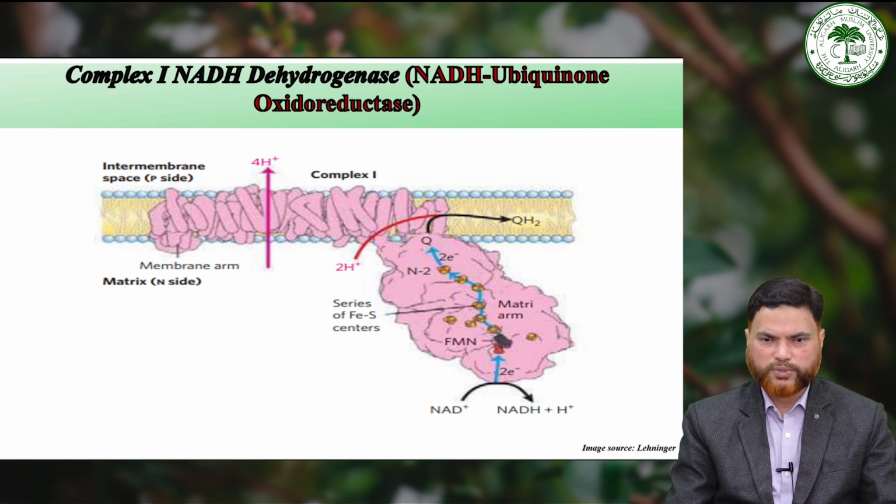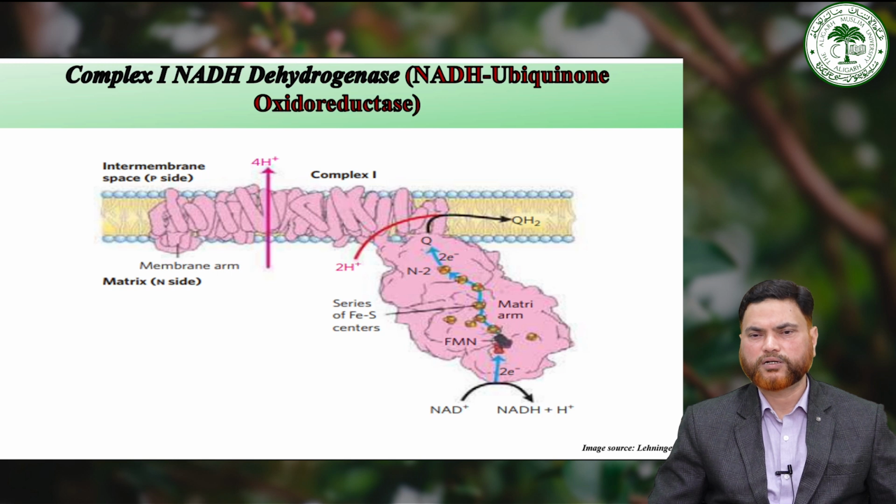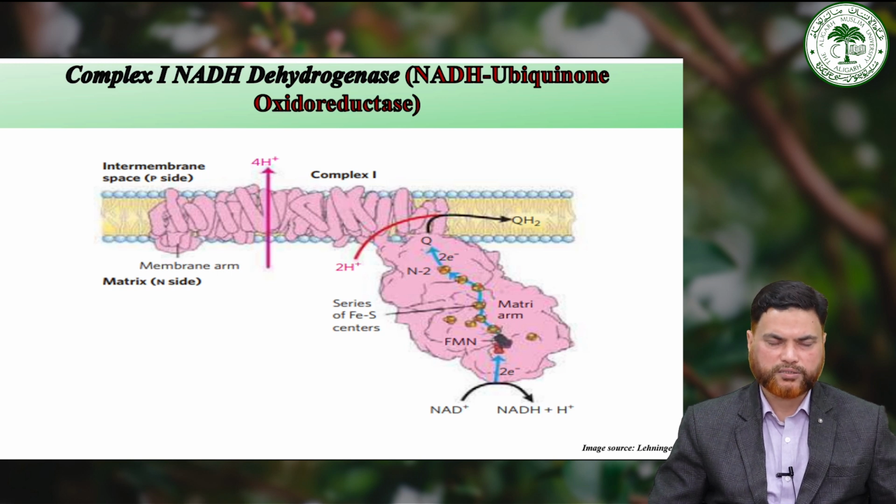So, this complex serves as a proton pump, contributing to the creation of an electrochemical gradient, which is used for the synthesis of ATP. In a nutshell, complex 1 plays a very crucial role in the mitochondrial electron transport chain by oxidizing NADH, transferring electrons to ubiquinone and contributing to the proton gradient across the inner mitochondrial membrane.